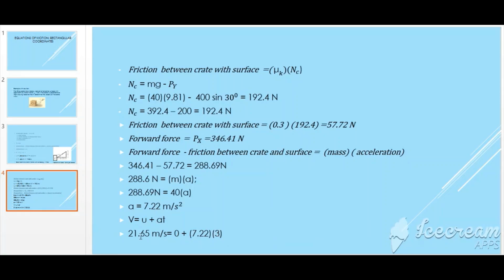So the velocity is 21.65 meters per second.